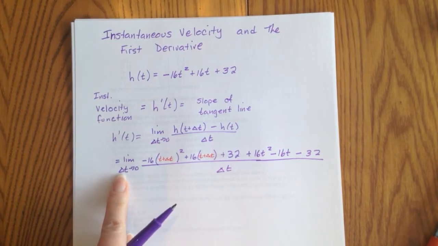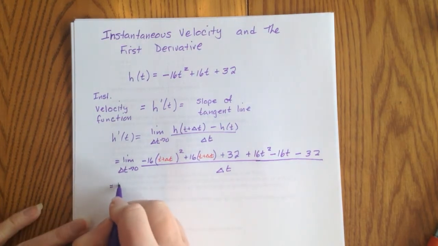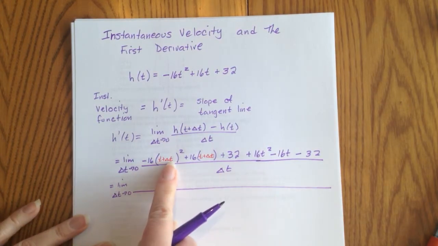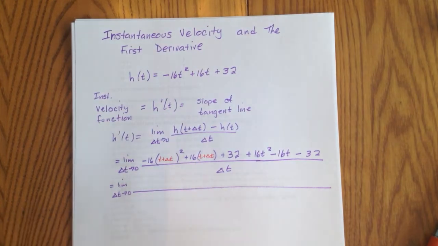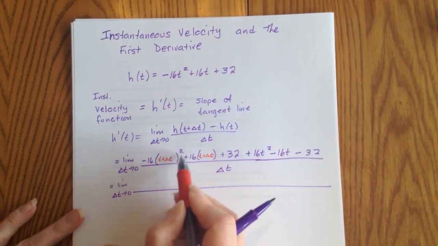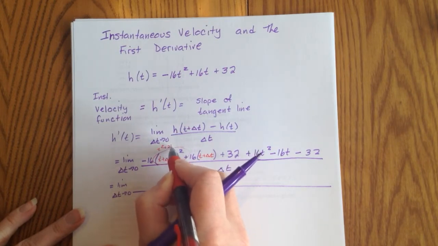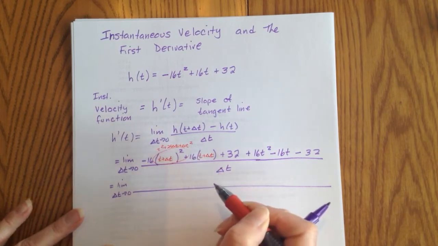If we filled in 0 for delta t right now, we would get 0 over 0. Well, that means we need to factor, cancel, and plug back in. So, in order to make it factor, we are going to multiply this all out, distribute the negative 16, distribute here, and combine all of our like terms. I'm moving quickly here. Recall that this squared is t squared plus 2t delta t plus delta t squared.